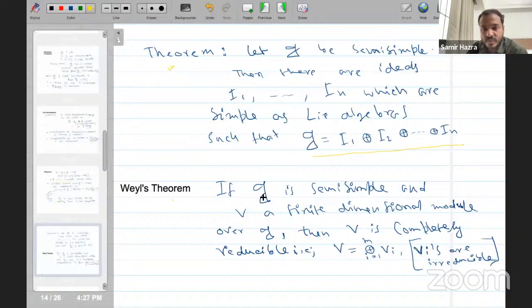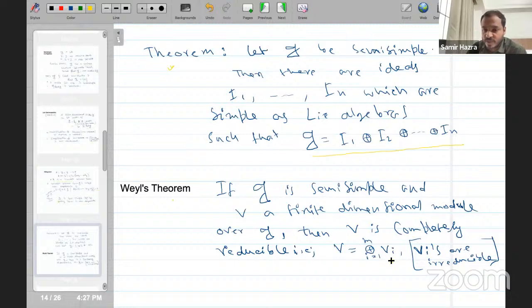And for semi-simple Lie algebras, there is this theorem, whose proof we will not look at. It says if you take any G which is semi-simple, and any finite dimensional module V over G, then this V can be written as a direct sum of irreducible modules. This is called the complete reducibility of finite dimensional modules over a semi-simple Lie algebra.